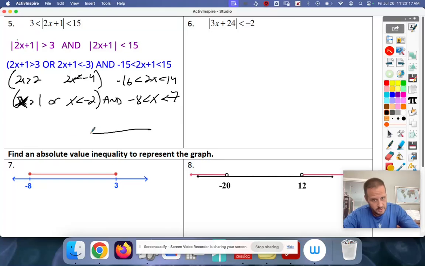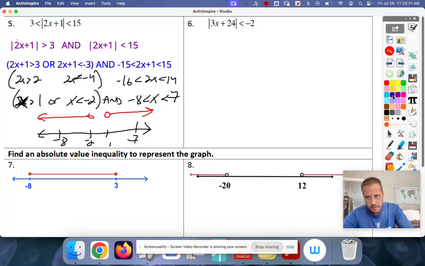So if I plot all of these, we have -8, -2, 1, 7. And this one, we're either greater than 1 or less than -2. And up here, we're between those two.